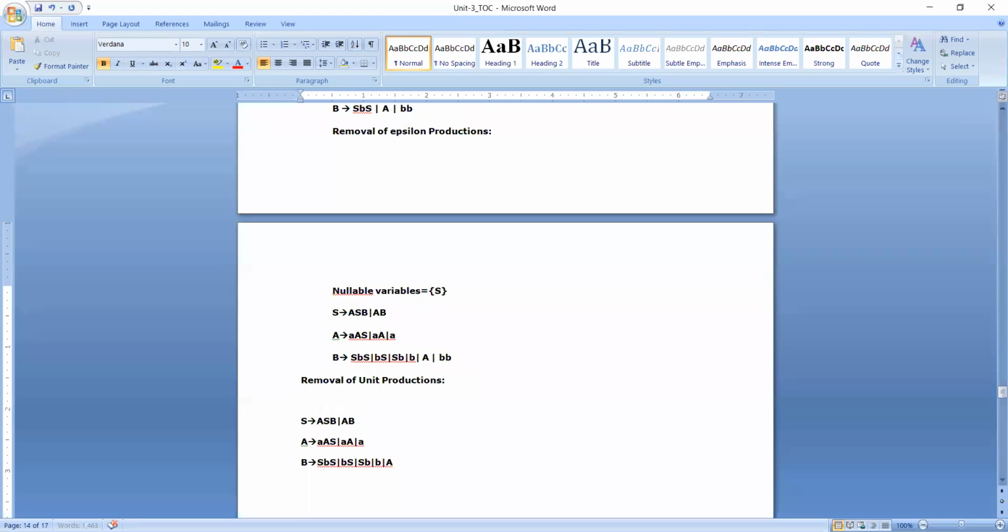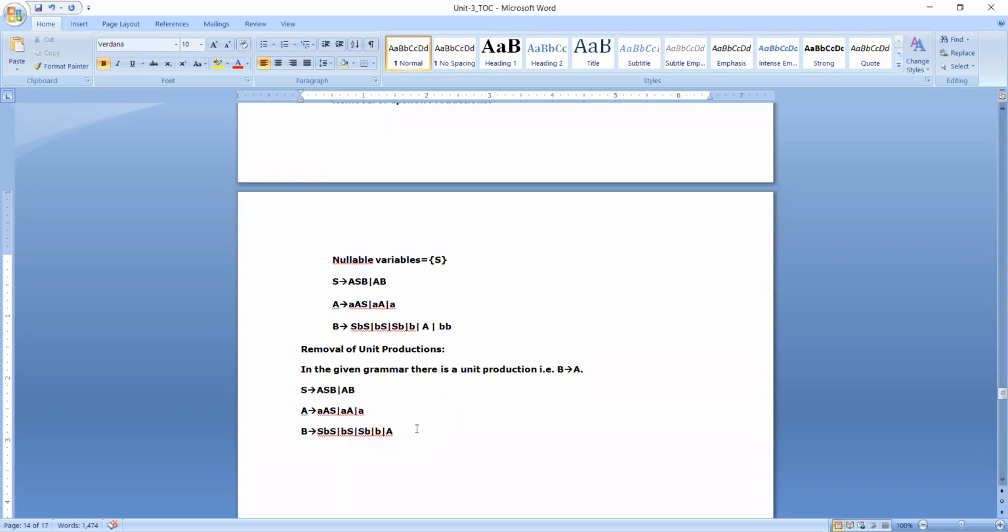So in the given grammar there is a unit production, B derives to capital A. Now what we have to do is this capital A has to be removed and replaced with its equivalent productions.